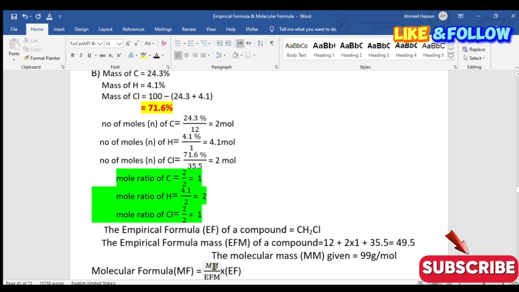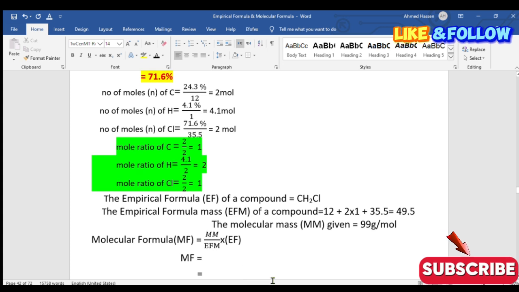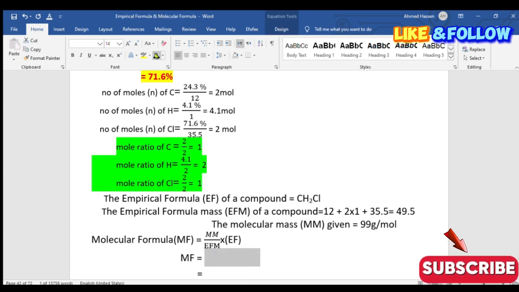The molecular mass 99 divided by the empirical formula mass 49.5 becomes 2. 2 times carbon, 2 times hydrogen, 2 times chlorine. That is the formula of the compound will be C2H4Cl.